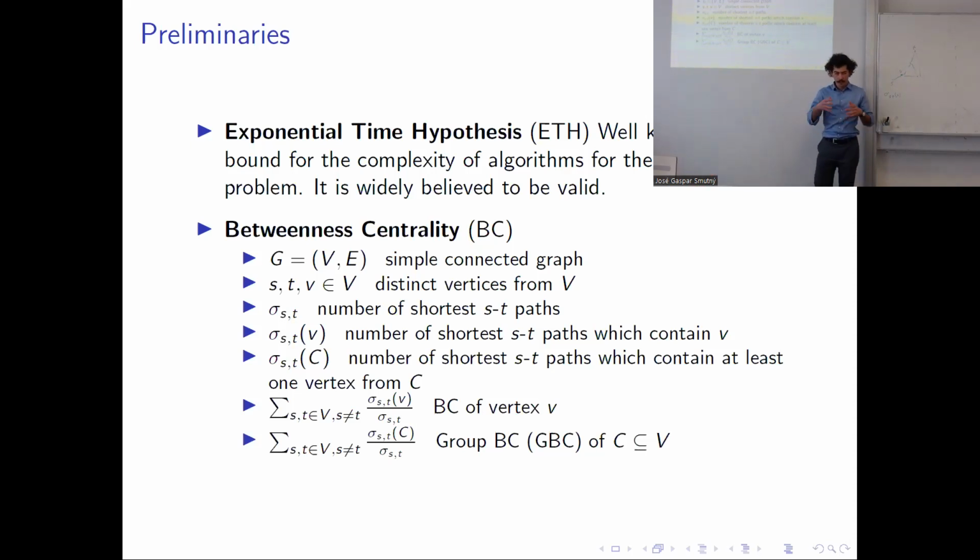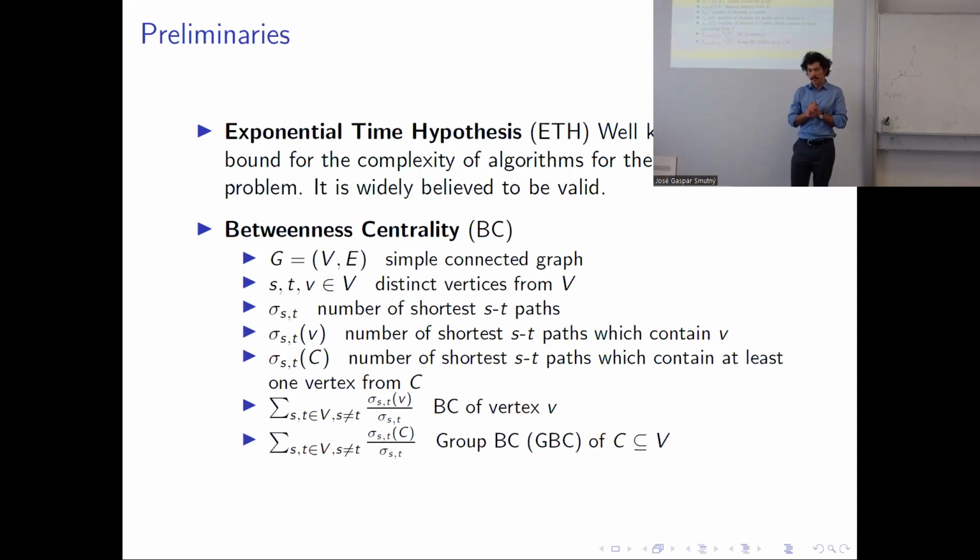We have sigma st of a group of vertices. The principle is the same, so if at least one vertex is in this group, then it counts. And now the betweenness centrality. If we take every single pair of vertices and calculate the fraction of shortest paths that the vertex covers, and add all this up for every single pair of distinct vertices, then we have its betweenness centrality.